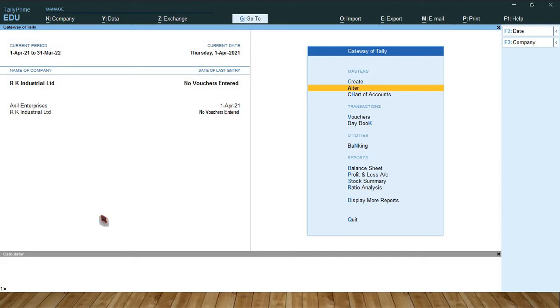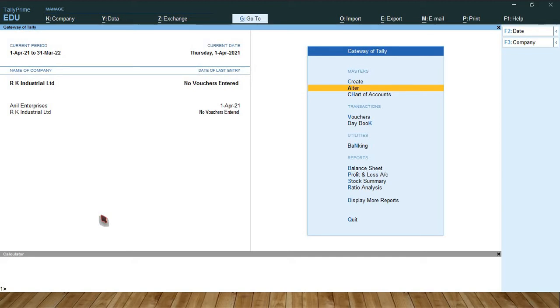But with the normal calculator, it is shown at the bottom of the calculator screen, and we have to see that and enter it manually in the amount field. So this is the difference between the normal calculator and the auto calculator.